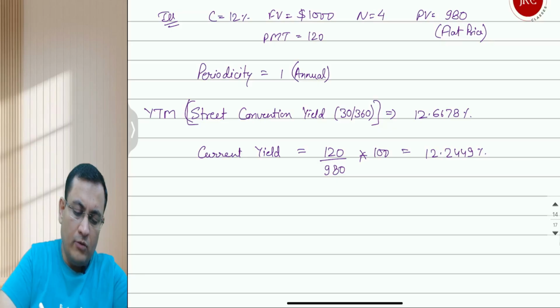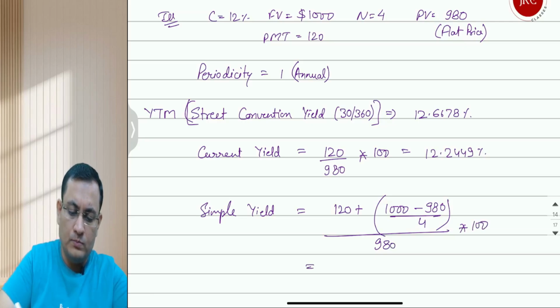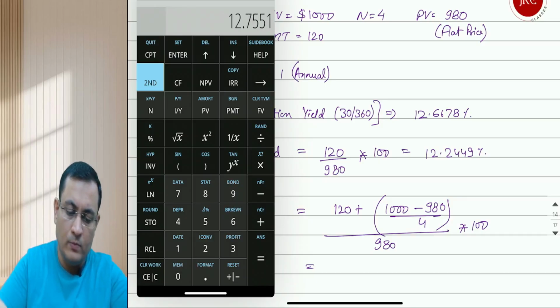Number 3, if you want to calculate simple yield, it will be 120 plus (1000 minus 980) over 4 years, whole upon 980, multiplied by 100. So it is 20 over 4 plus 120, divided by 980, which gives you 12.7551%.